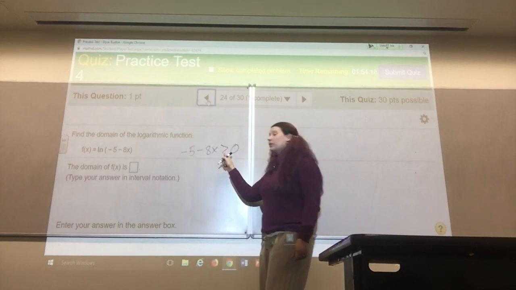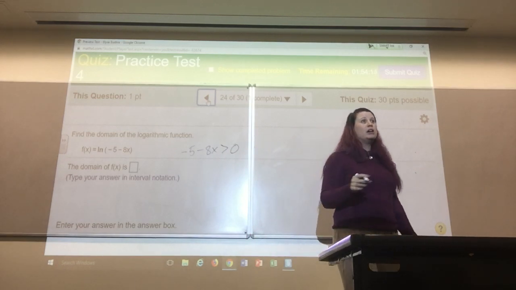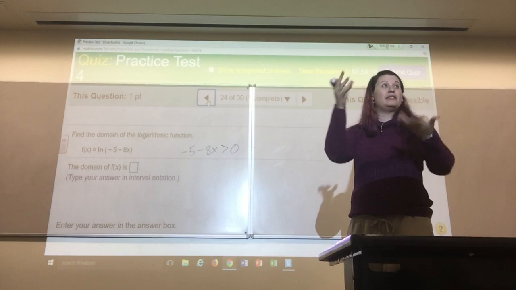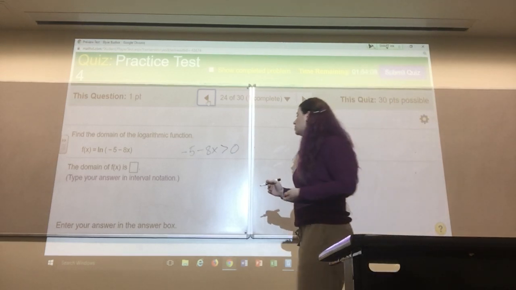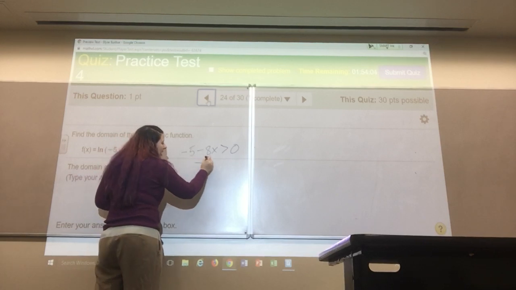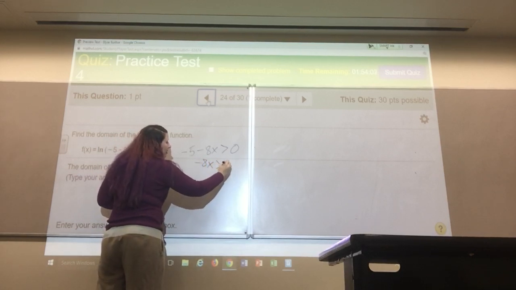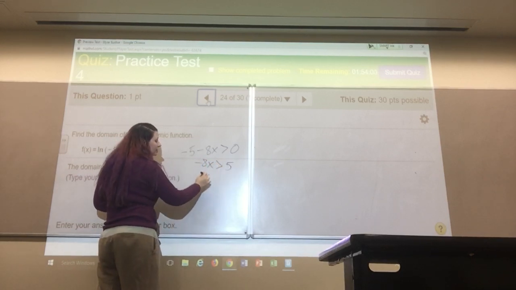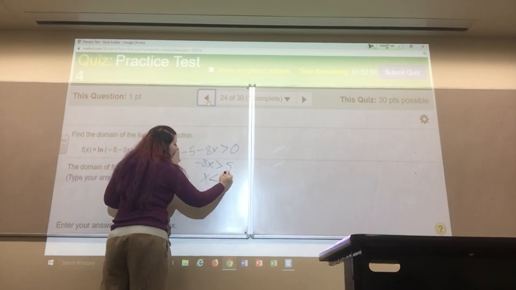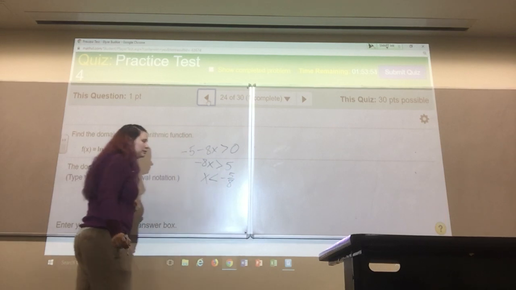Now remember, not greater than or equal to, because it can't be 0, and don't set it equal to, because you have to know which direction is the positive side, right? So, set it up this way, and then solve for x. So we get negative 8x is greater than 5, so then x is less than negative 5/8.